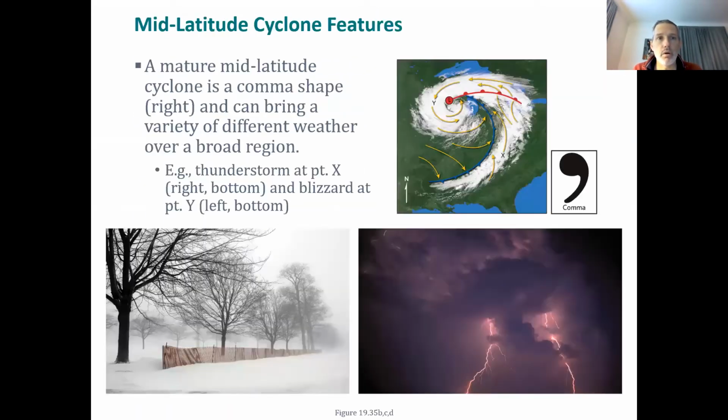And so here's an idealized situation here of a classic comma shape associated with a low pressure center. We can see that if we were right here out front of the cold front, the warm air would be coming from the south, and then after the front passes, the air is cleared out and moving from the west and northwest, and so we have a distinct change in weather and in the direction of the wind.